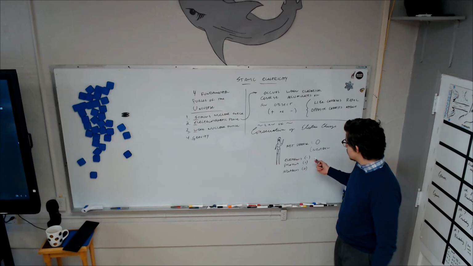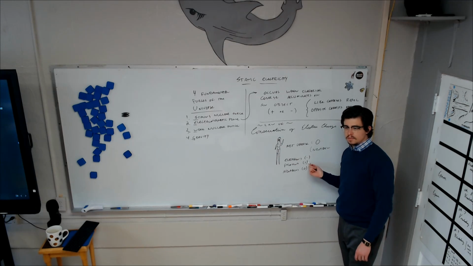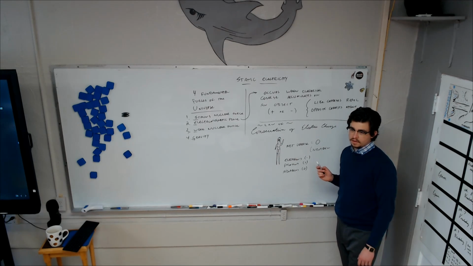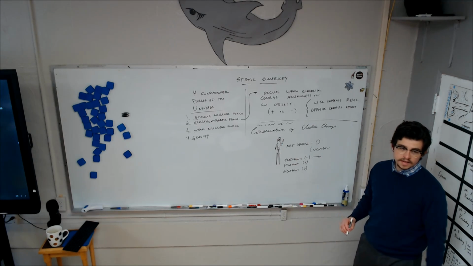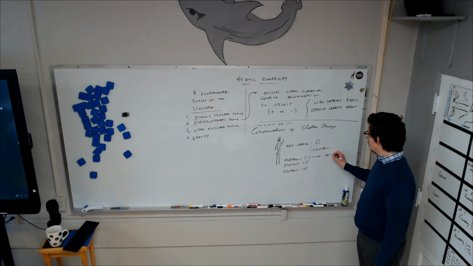Of these three subatomic particles, which one is the easiest to move, do you think? Electrons. In fact, electricity is the flow of electrons.